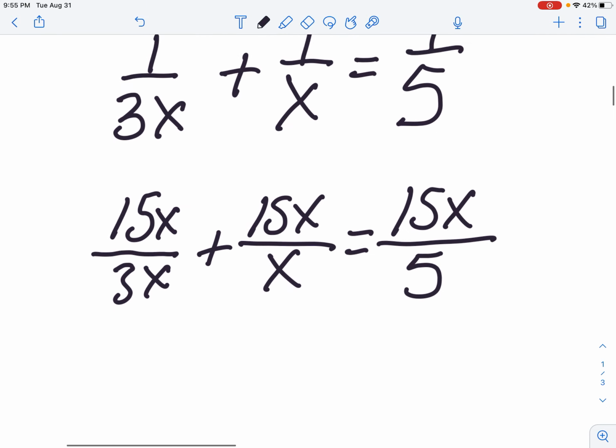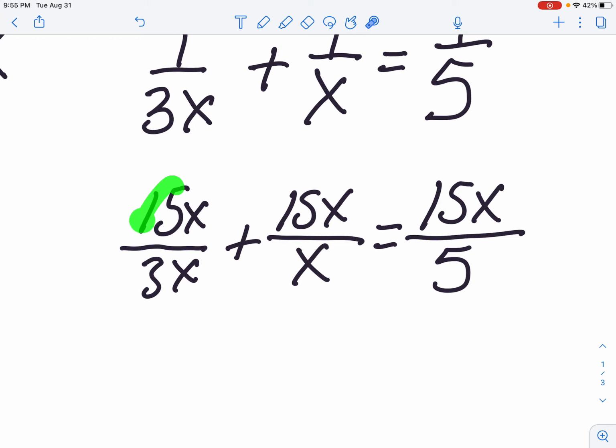So, what do we get? Well, these two, 15 divided by 3, I can cross those out. 15 divided by 3 is 5. And x divided by x cancels out, right? Plus, let's see here. What do we get here?